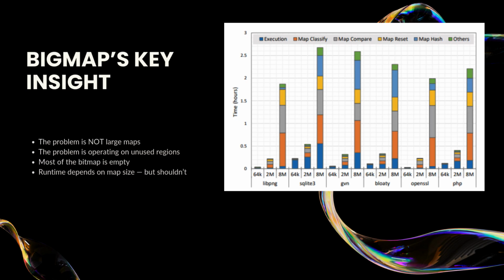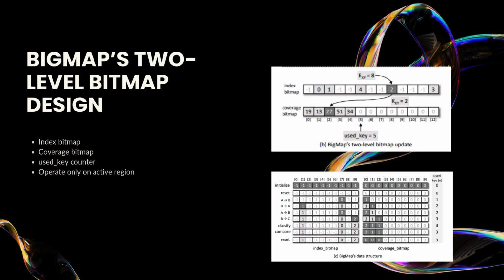So how exactly does BigMap redesign the coverage structure to achieve this? To solve the inefficiency of scanning large unused bitmaps, BigMap introduces a two-level bitmap design. Instead of storing coverage data directly at the hash location, BigMap separates the process into two structures. The first structure is called the index bitmap.